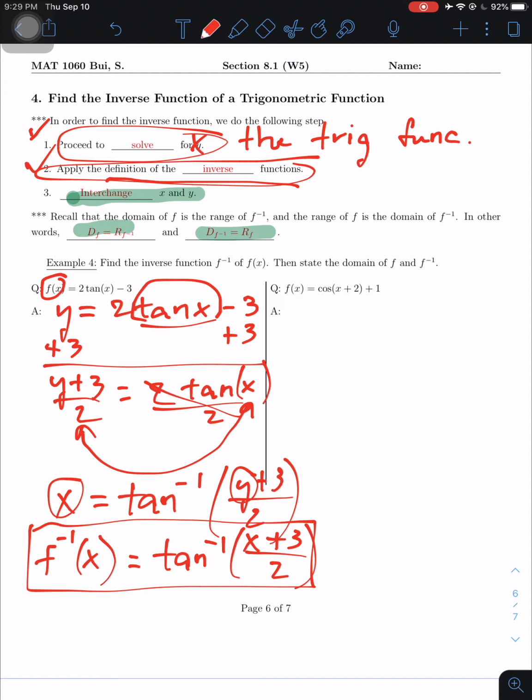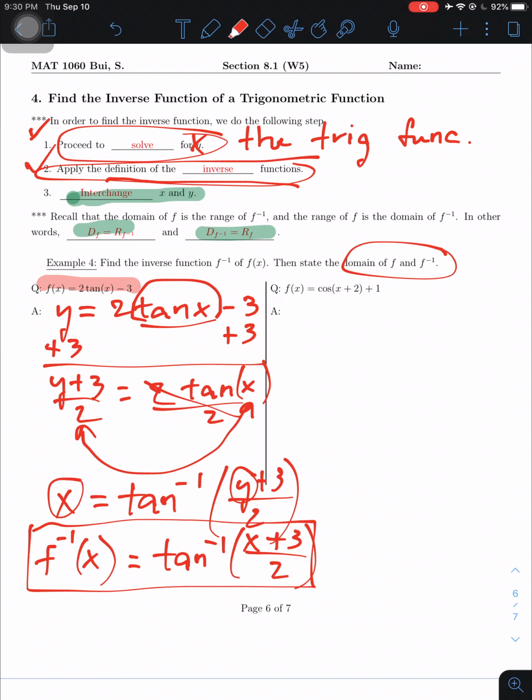And now in terms of staying in the domain and range in here, what do we do, right? So the domain of f, let's look at this function right here. Let me put it in highlight. So this function is our f. What is the domain of tangent, right? If you remember from the previous section, 7.7, the domain of f is everything except for the odd integer multiples of pi over 2.